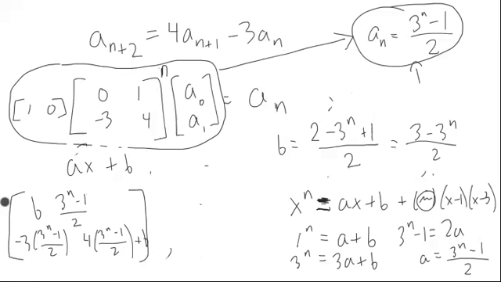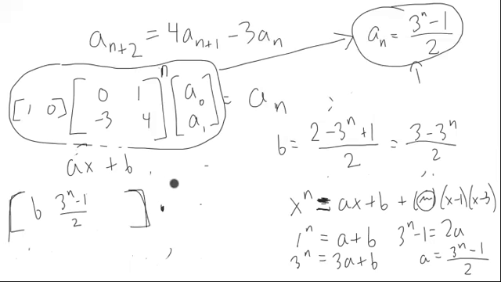But notice we're only taking the top row because we're multiplying on the left by this. So really in our computation, all that's necessary is just the b and the a like that, which is great.